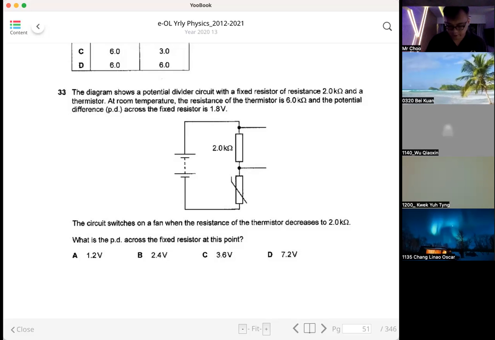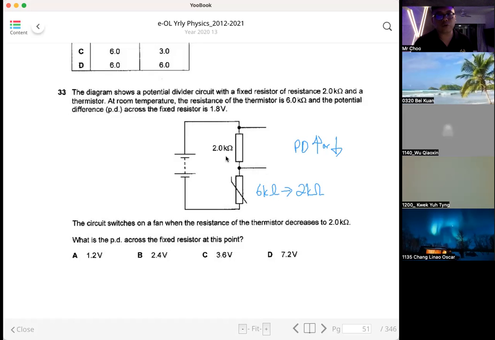Okay, so I can write down here 6 kilo ohm becomes 2 kilo ohm. So my first question you must think of is, does the PD here increase or decrease? At first it is 6 kilo ohm, it dropped to 2 kilo ohm.